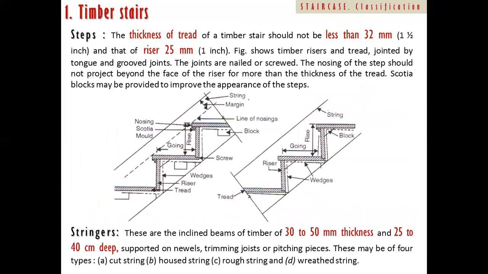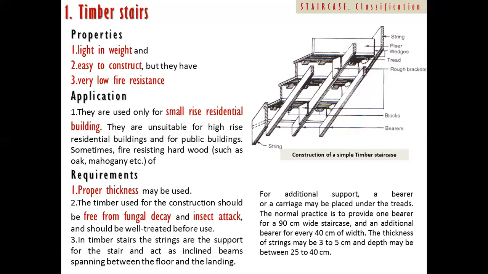Next, let's move to the next slide. Now look at this. These are the steps. The stringers are generally 3 to 5 centimeter thick, and the depth is around 25 to 40 centimeter.